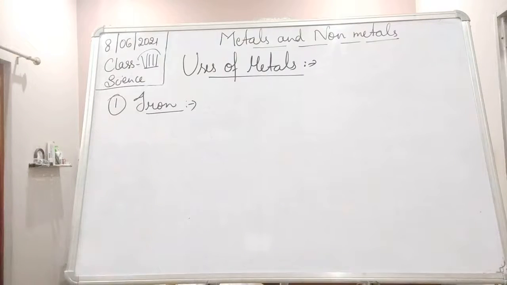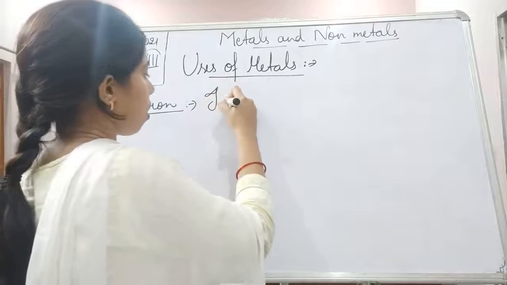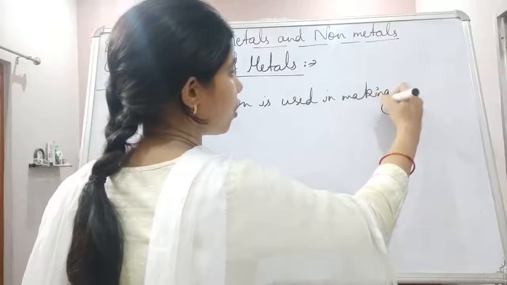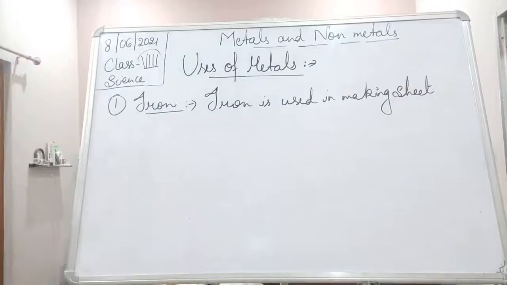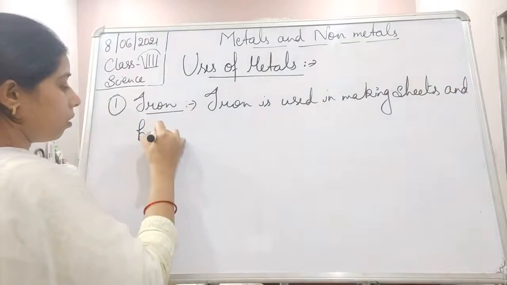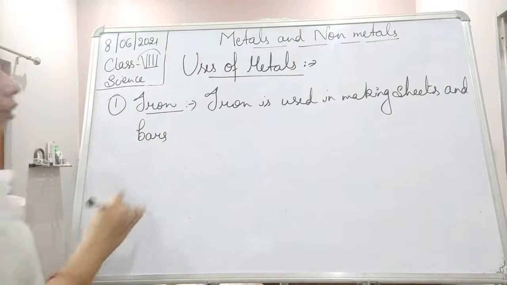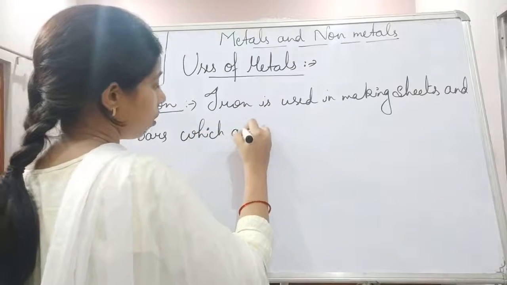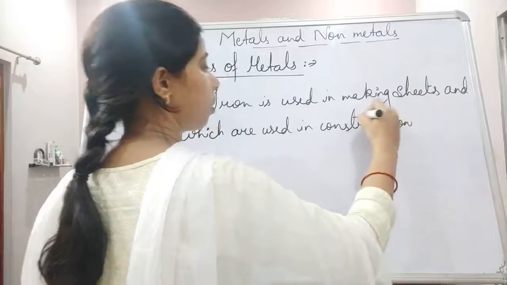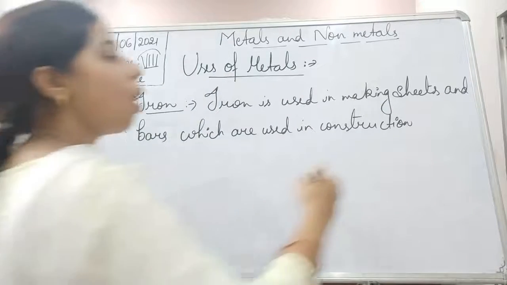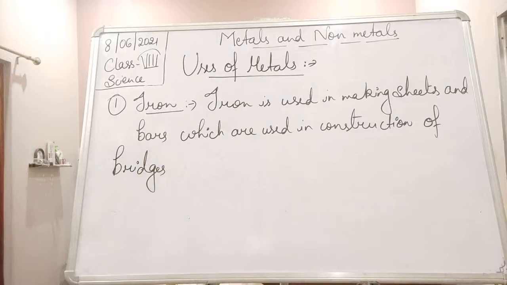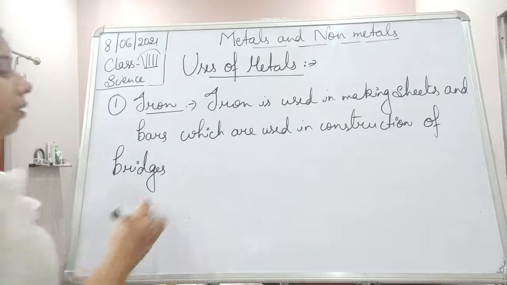So we can say that iron is used in making sheets and bars, which are used in construction of bridges and buildings.